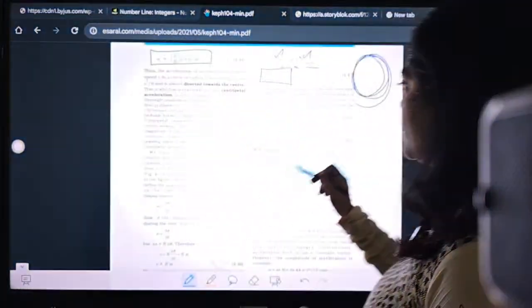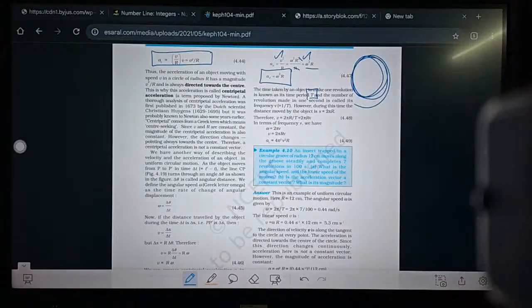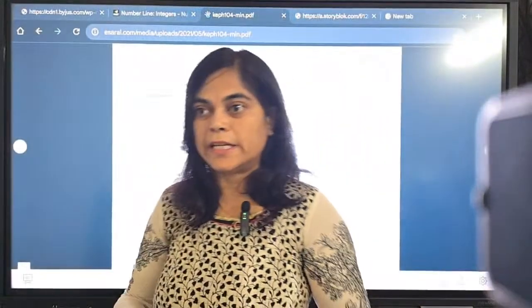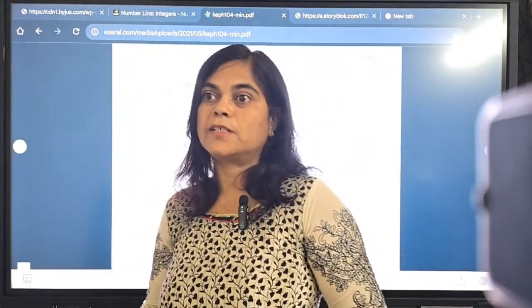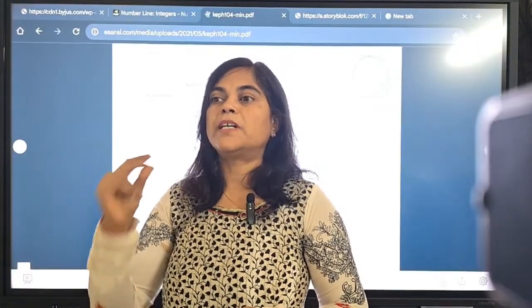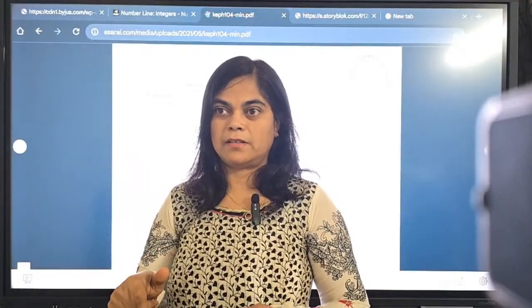So what is the frequency? It is characterized in terms of T, the time period. The number of rotations, oscillations or vibrations per second means 1 by time period.